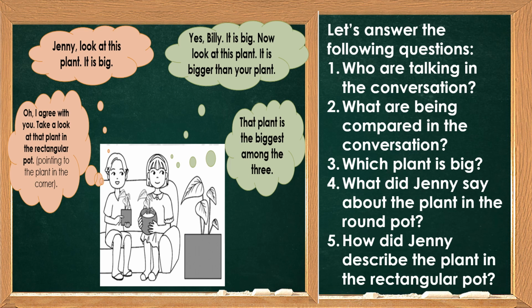The plants are being compared in the conversation between Jenny and Billy. Number 3. Which plant is big? Awesome. It is the plant that Billy is holding. Number 4. What did Jenny say about the plant in the round pot?